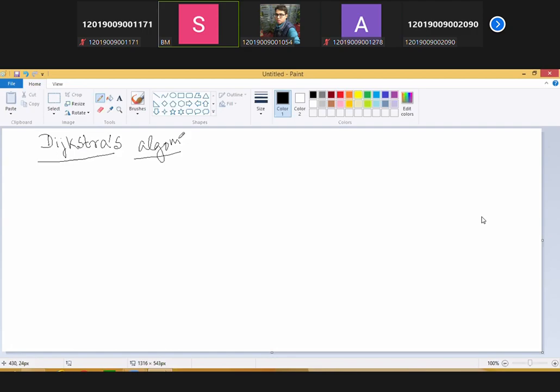If it is a cost based thing, there is no requirement of cycle. Or even with other algorithms, like Prim's, Kruskal's or any algorithm, if you want to check whether it is making a cycle or not, you can use this concept.